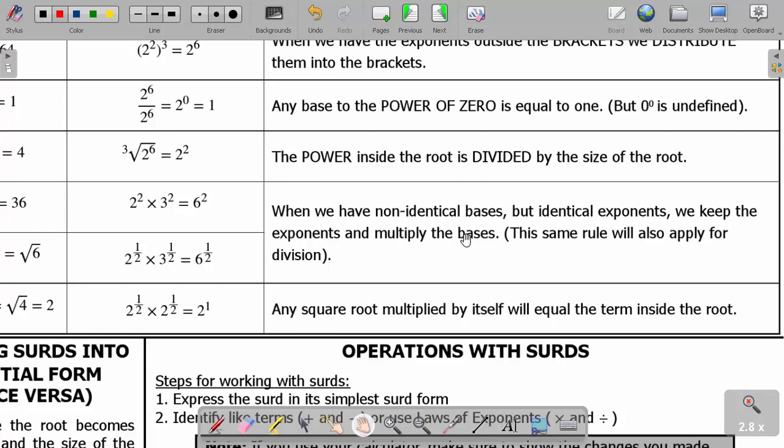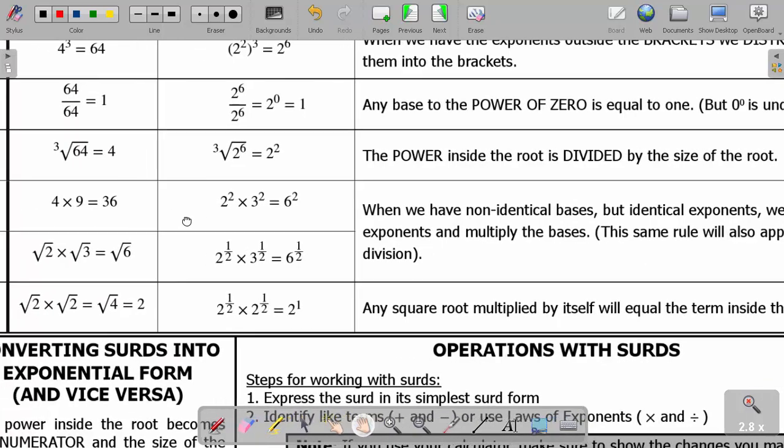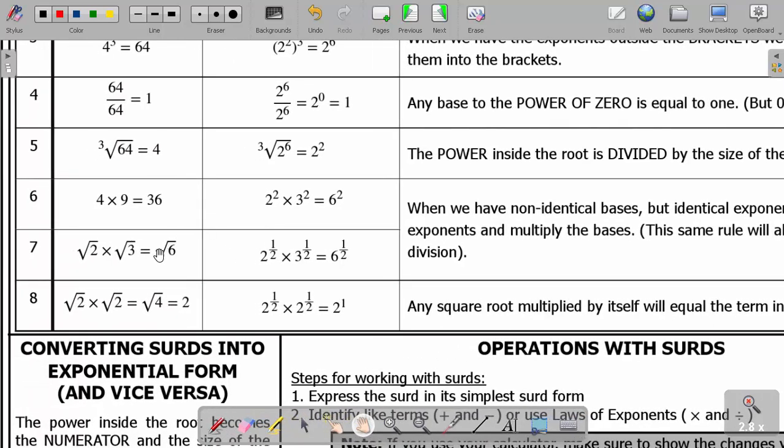This same rule will also apply for division. So you see here the base is 2, here the base is 3. What about the exponent? The exponent is 2 and 2, but because it's the same exponent, I keep the exponent and multiply the bases, that is 2 times 3, which gives me 6. I hope we are together. We're going to see us apply this in our factorization and the solving.